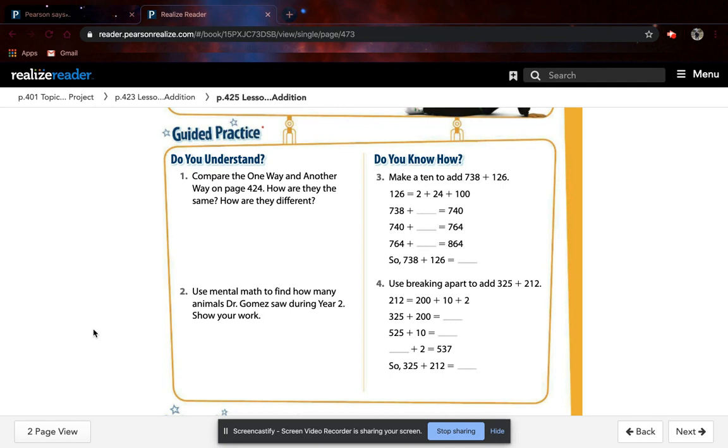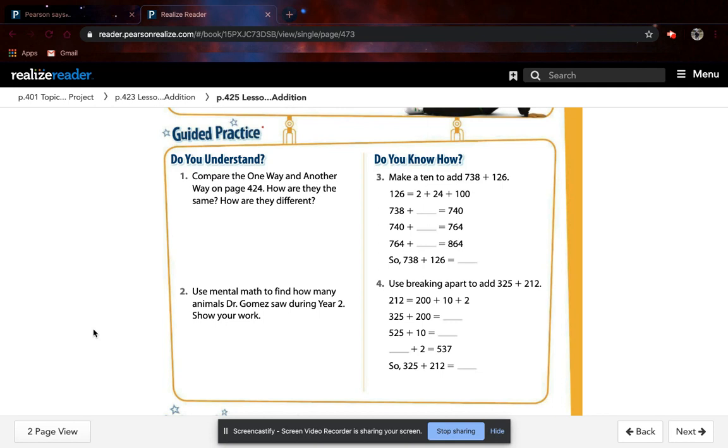So in both of them, how are they the same? In both of the strategies, they are breaking apart the numbers. They are breaking apart the numbers into hundreds, tens, and ones. So the way they are the same, in both boxes, or in both ways, is they are breaking apart the numbers.